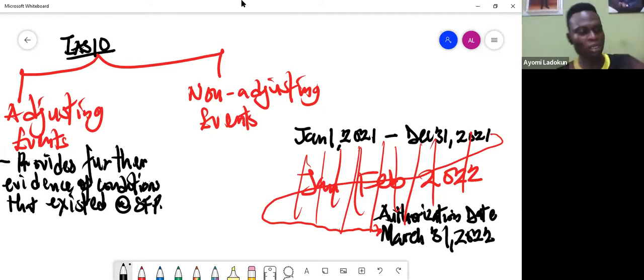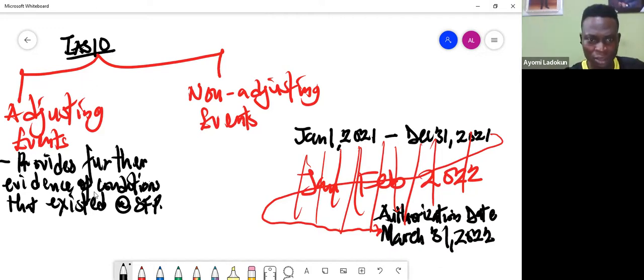So they provide further evidence of conditions that existed at the balance sheet date. That is an adjusting event. So I'm going to give an example here so that you can understand better.